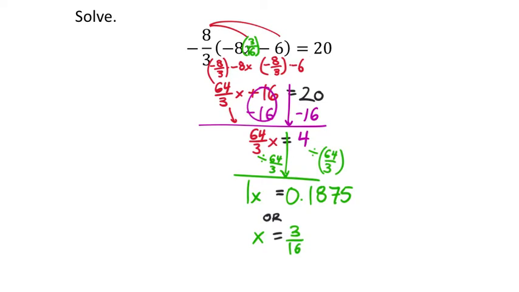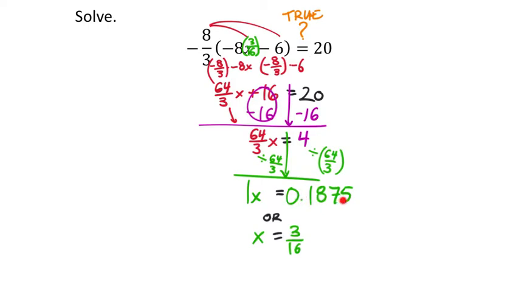So let's see, we've got negative 8. Oh, I got to put that in parentheses because it's a fraction. Negative 8 over 3, close parentheses. New set of parentheses, negative 8 times parentheses, 3 over 16, close parentheses, minus 6, close parentheses, enter, and I do get 20. So when I check this, I got 20 on the left side, which makes the equation true if I replaced the x with 3/16.